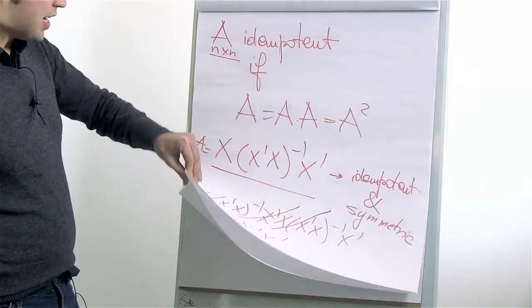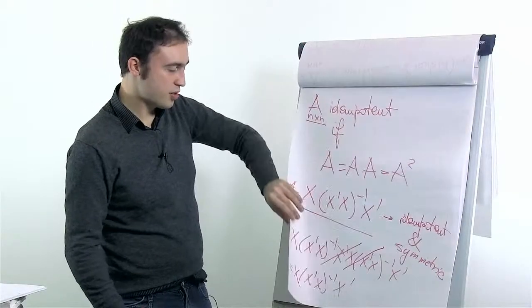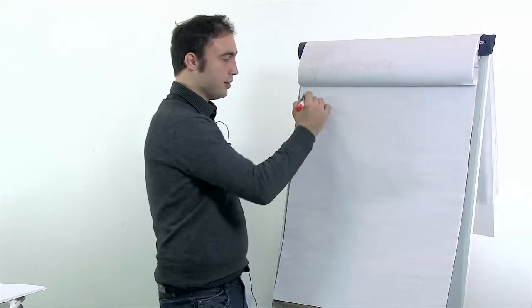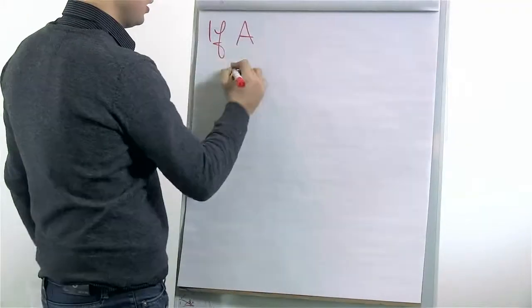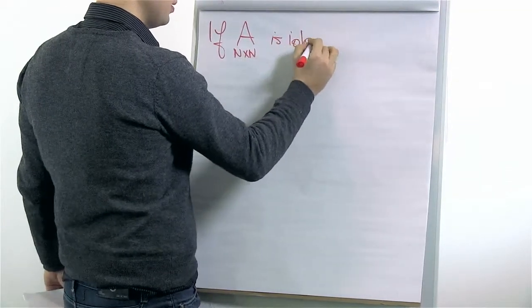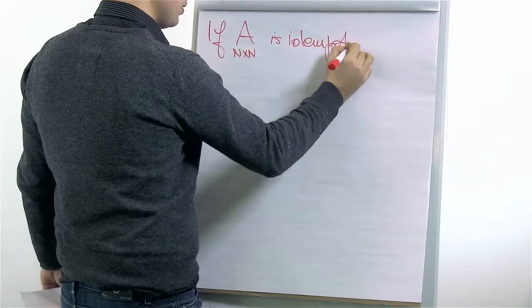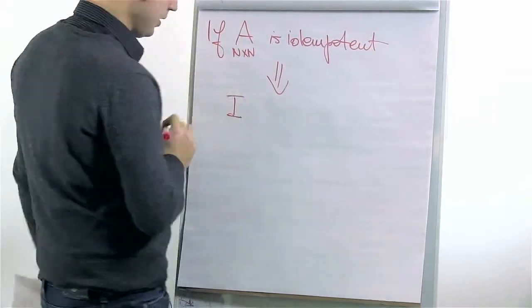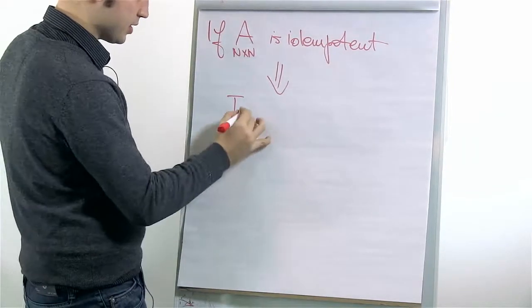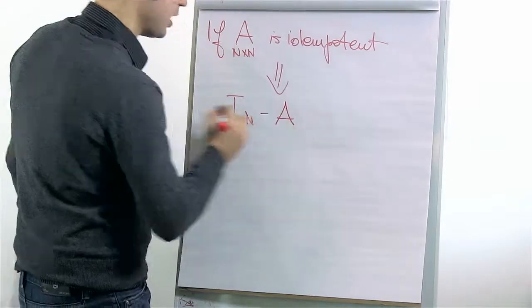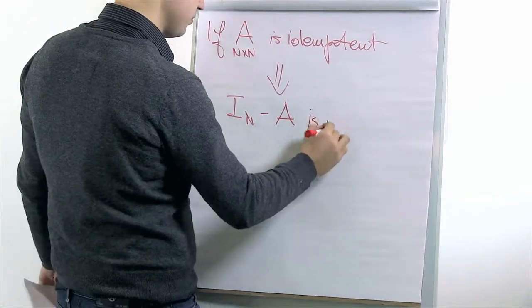And this is the proof that this matrix is idempotent. There is a result that is also useful in regression analysis: if A m by n is idempotent, then the identity matrix I_n minus A is idempotent.